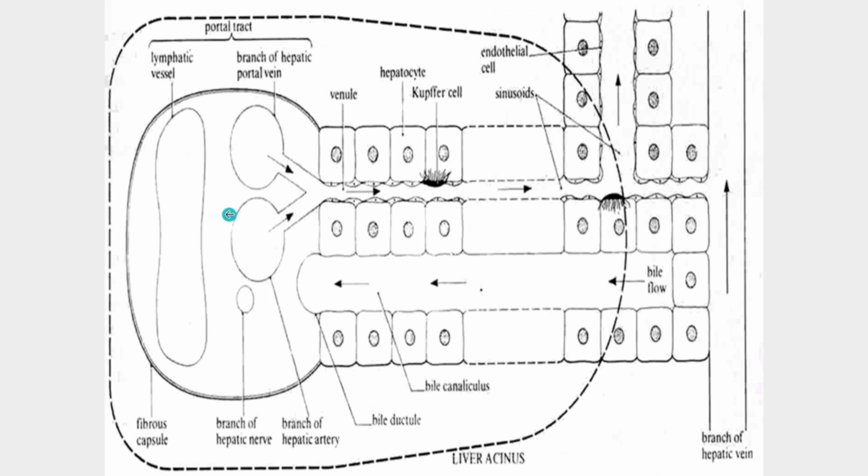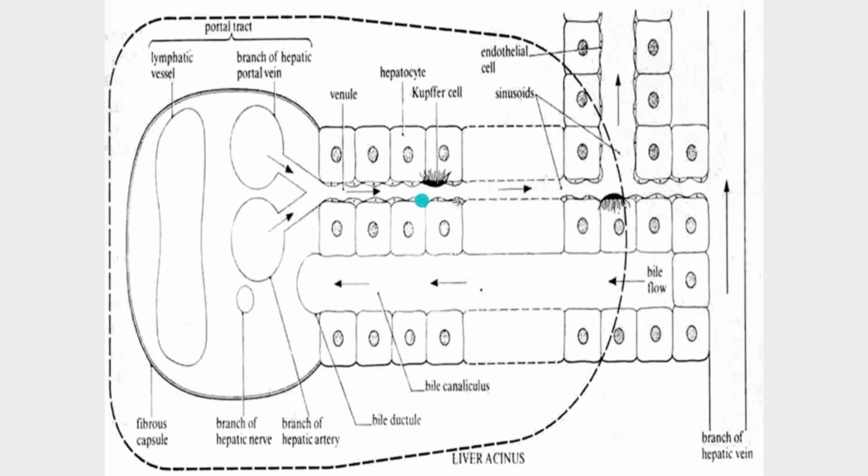So how do we differentiate the hepatic vein, the other vein, and the hepatic portal vein based on this diagram? Normally the hepatic portal vein and the other vein are connected to each other and finally combined together. You can see here, there is another blood vessel at the other side, one blood vessel at this side and another at this side.